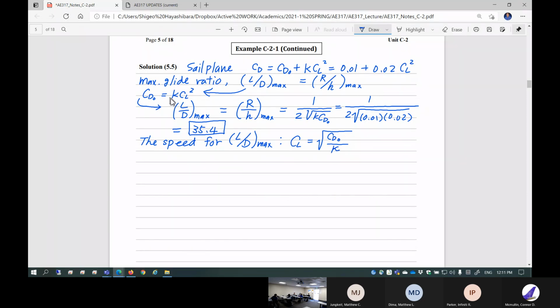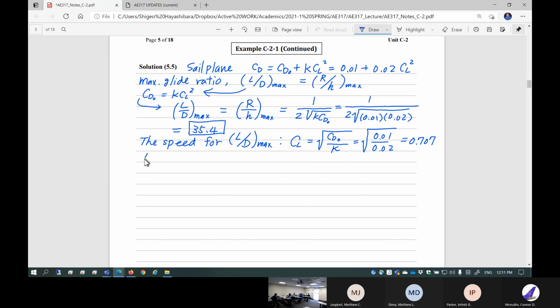It's coming from this equation, right? This equation straight out, this is the CL for that condition. So if you plug that in, you can determine CL for L over D max. This is 0.01 divided by 0.02. Okay. So you get CL of 0.707. So this is the CL for the maximum lift to drag ratio condition.